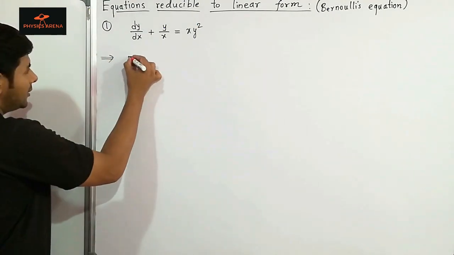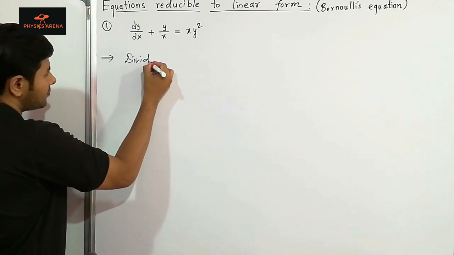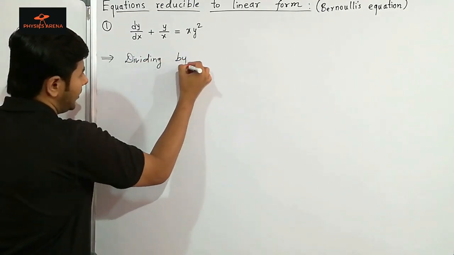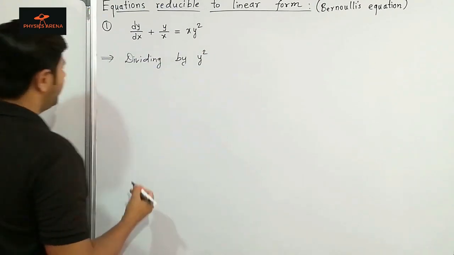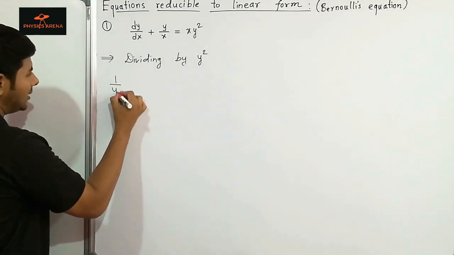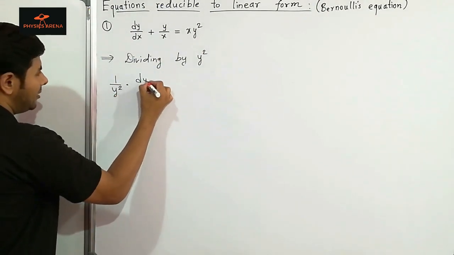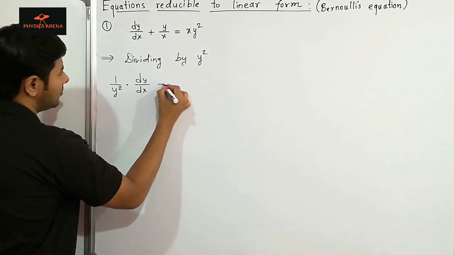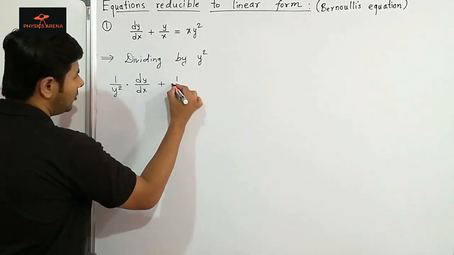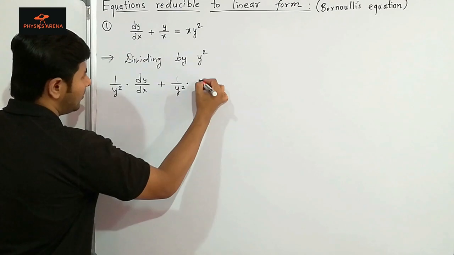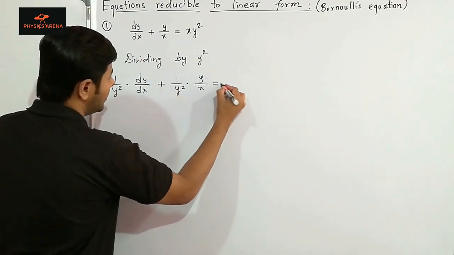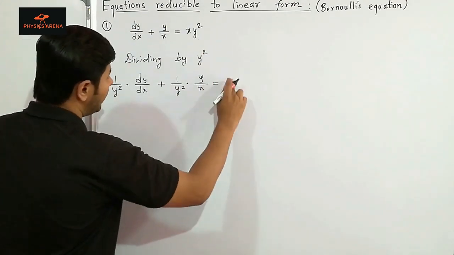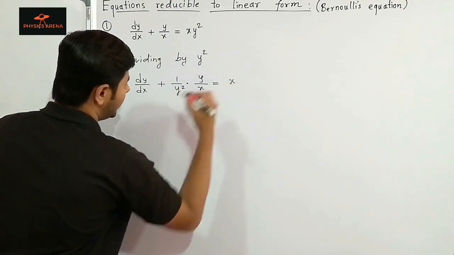So dividing by y square, we get 1 over y square multiplied by dy by dx plus 1 over y square multiplied by y over x equals, if we divide this side by y square, we get x.